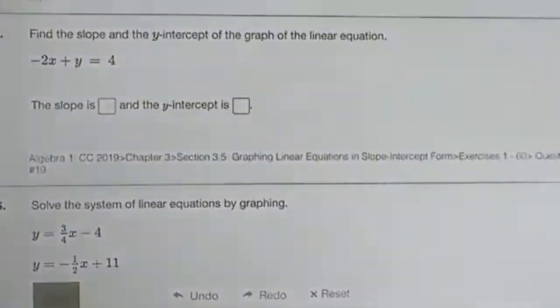Number 5 asks us to find the slope and y-intercept of the graph of the linear equation negative 2x plus y is equal to 4. If you really wanted to, you could probably graph this thing and figure it out. But it's going to be a lot easier if we refer to one of our forms of linear equations.